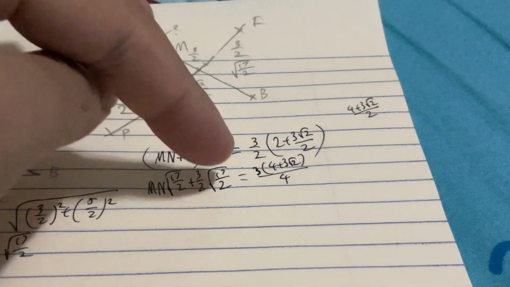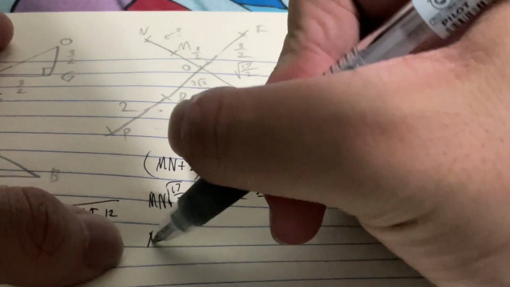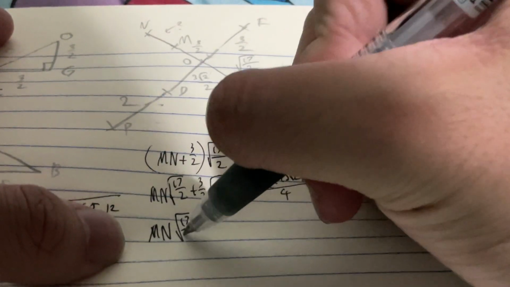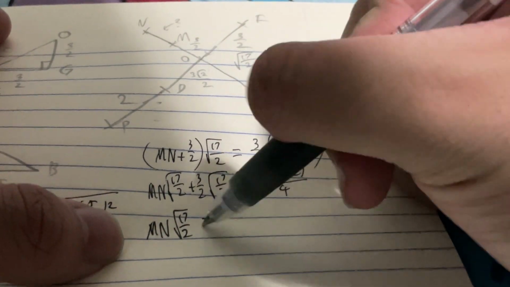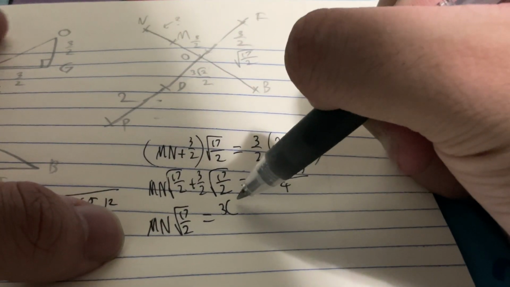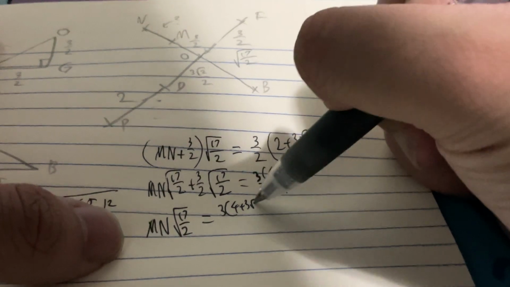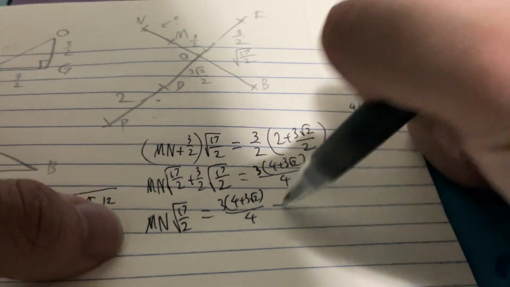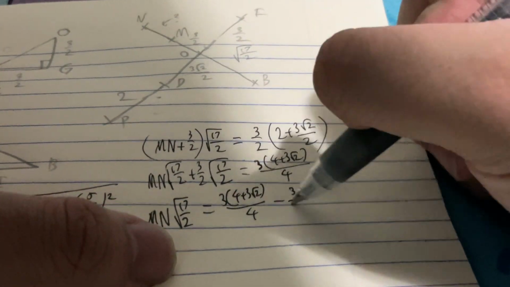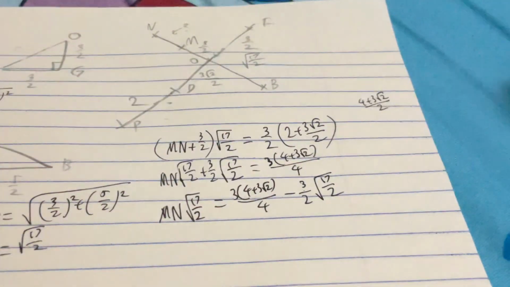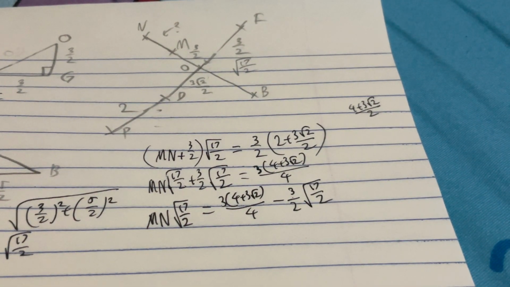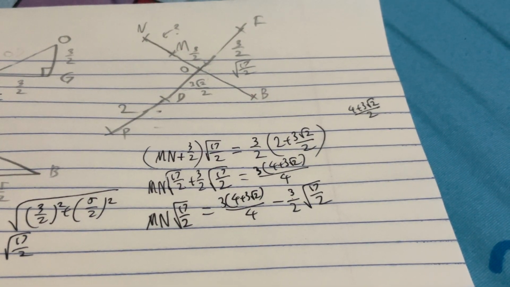And then we are going to subtract this on both sides. So mn times square root of 17 over 2 is equal to 3 times 4 plus 3 times square root of 2 over 4, minus 3 over 2 times this as well. And then we are going to get the same denominator. This is going to be hard.